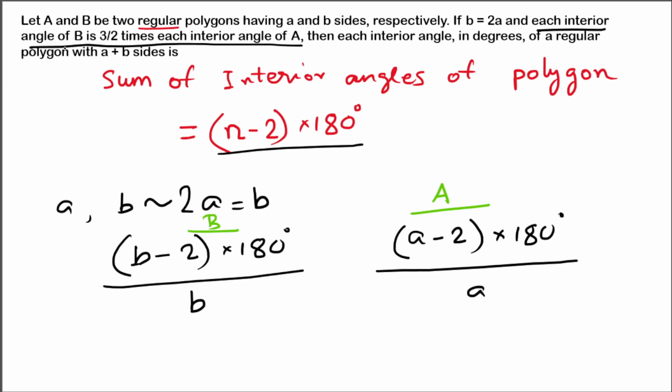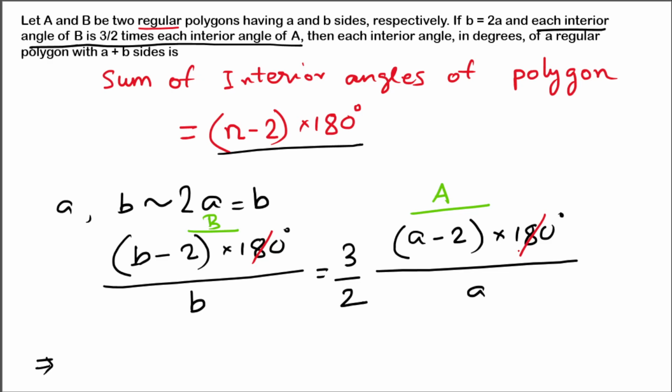Now this angle of B is 3 by 2 times that of A. So we have formed the equation. First of all, we have to replace these B's and A's. But before replacing, we can just cancel out these 180 degrees to make our equations better represented.